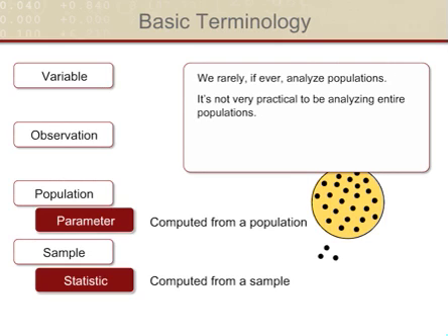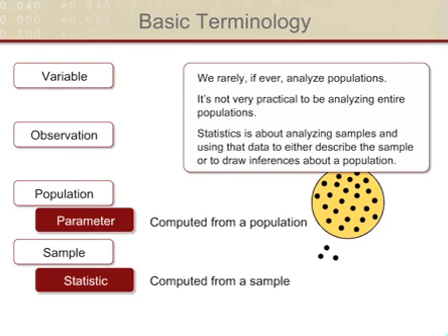Do you really believe they've got every living, breathing human being captured? It's highly unlikely. So we focus on analyzing samples. And so the analysis of a sample yields statistics. So that's why the course is statistics. It really is about analyzing samples and using that data to either just describe the sample in front of you or to draw inferences about a population.